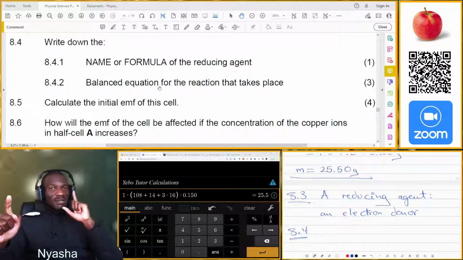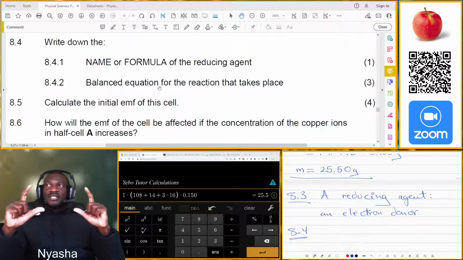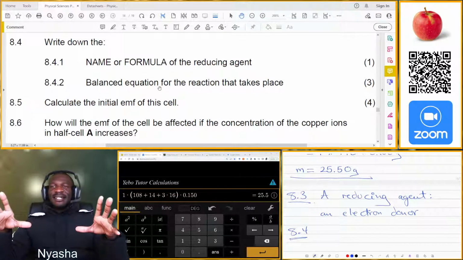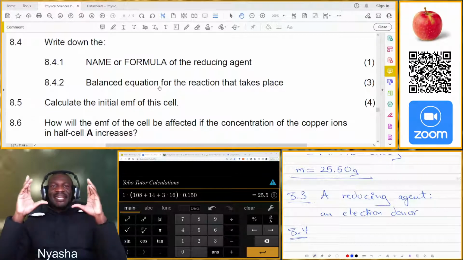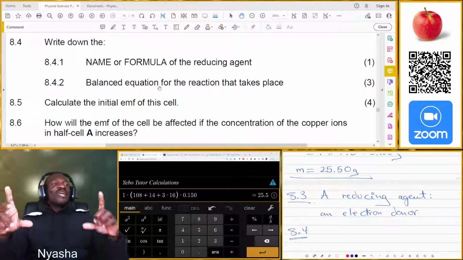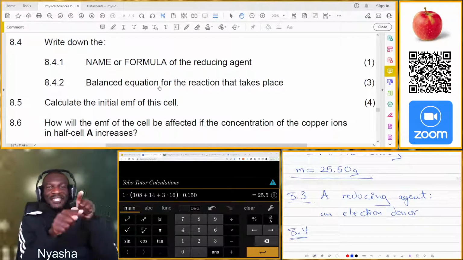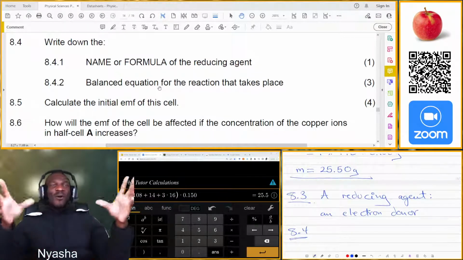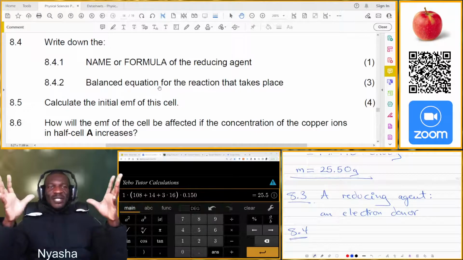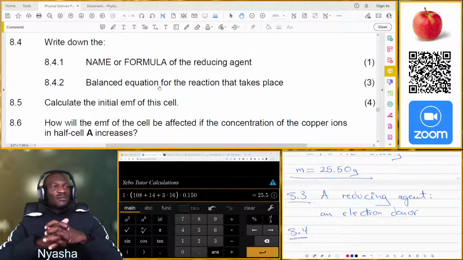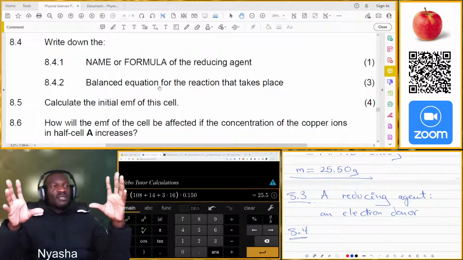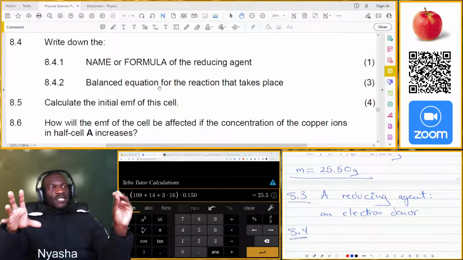Because if you remember in our first question, where we had a galvanic cell, we actually looked for the reducing agent. Did you see what we did? So scroll back on this video or go to your notes, or whichever way you recall how to work this out, and you answer question 8.4.1. When we meet next week, we'll take it from question 8.4.1.